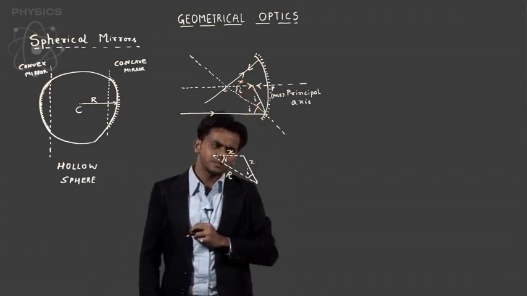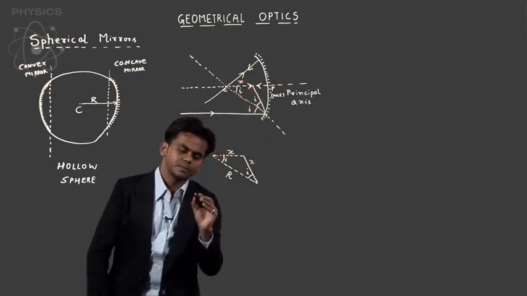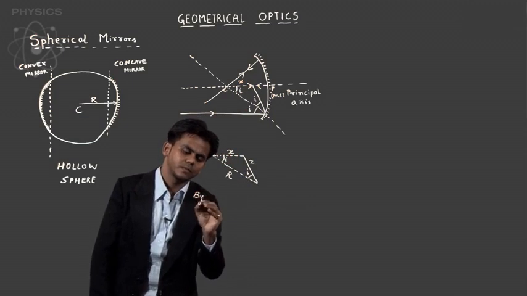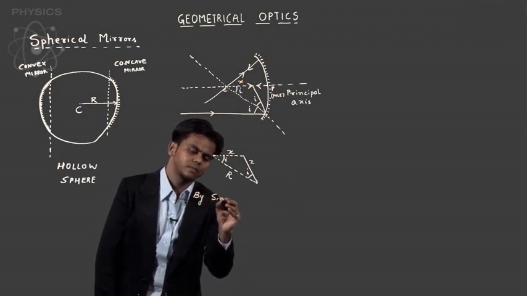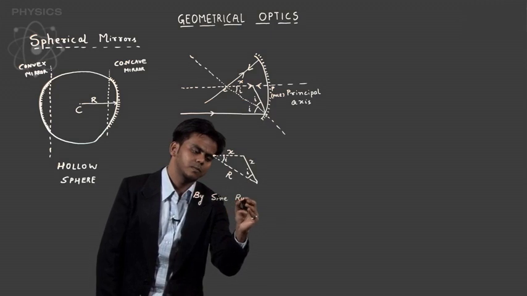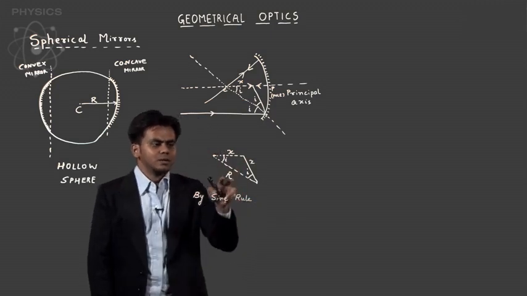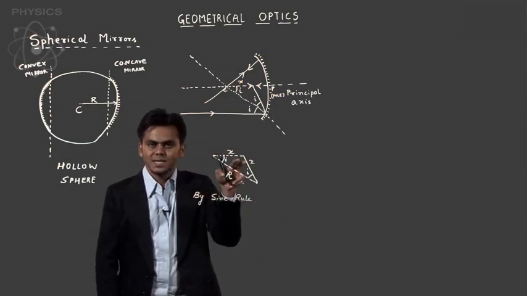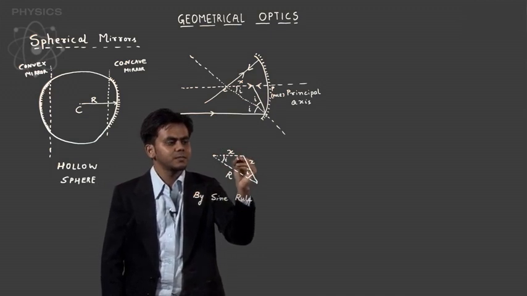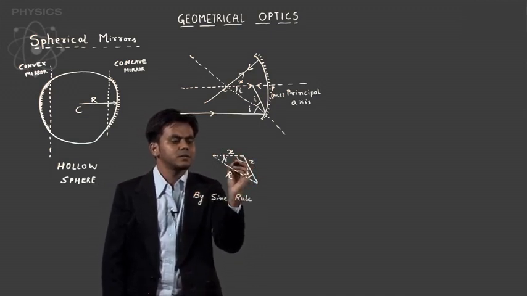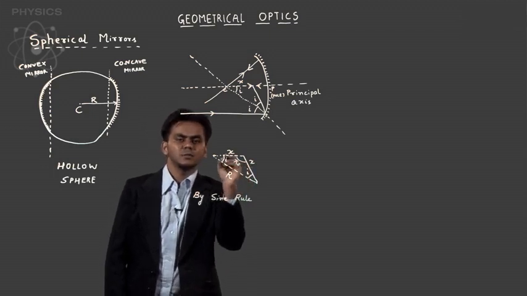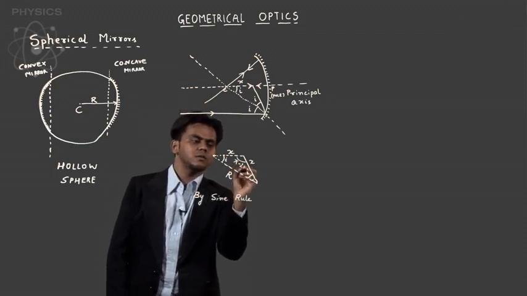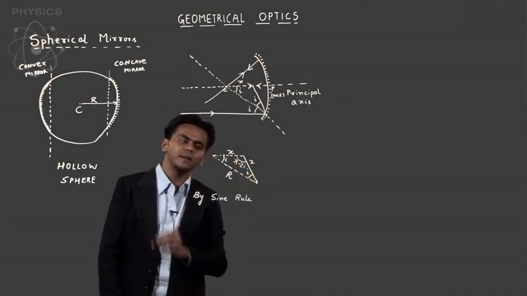How would you find this x? By sine rule. R by sine of this. How much is this angle? This is pi minus this plus this, which is 2i.